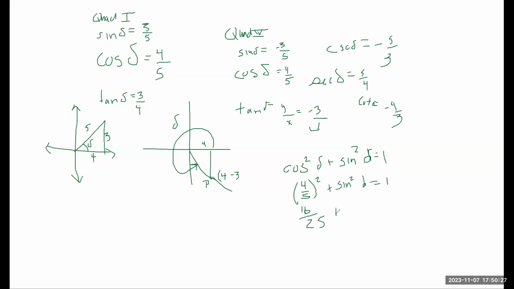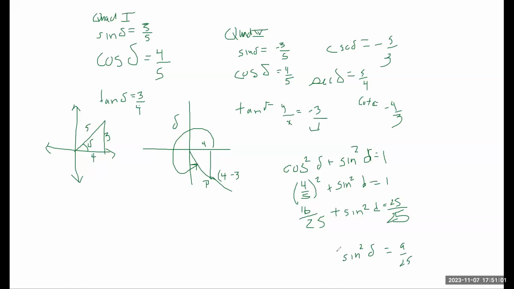Subtracting that from both sides, I'm going to get a common denominator here. It's what I do. Subtracting 16/25 from both sides gives me sine squared delta equals 9/5. I'm sorry, 9/25.